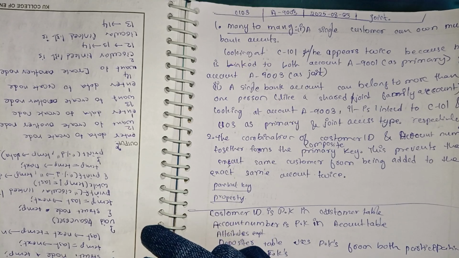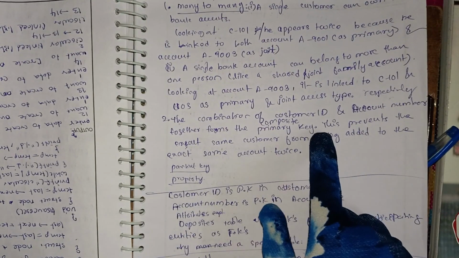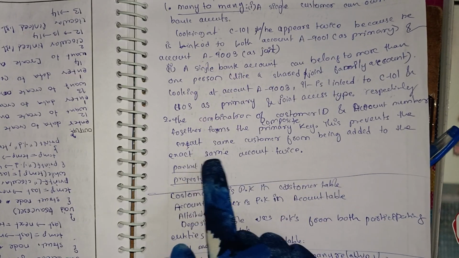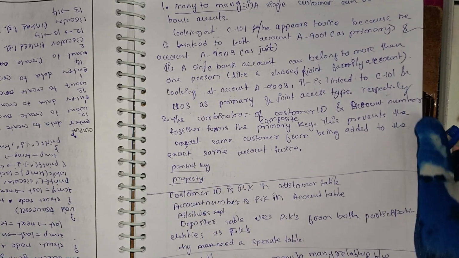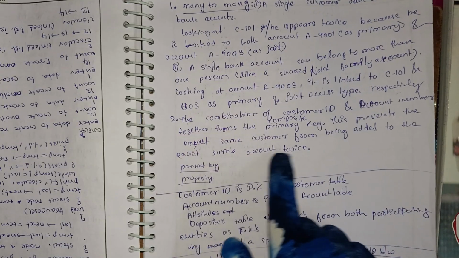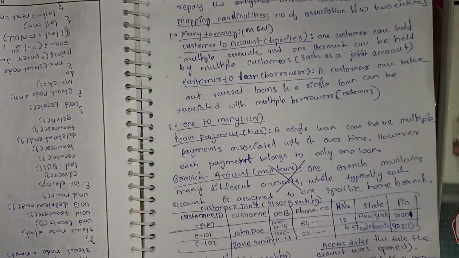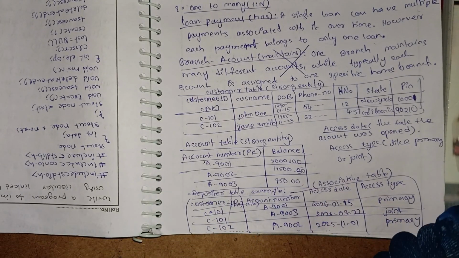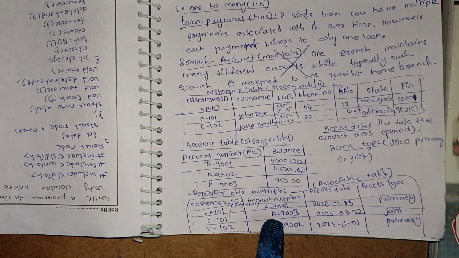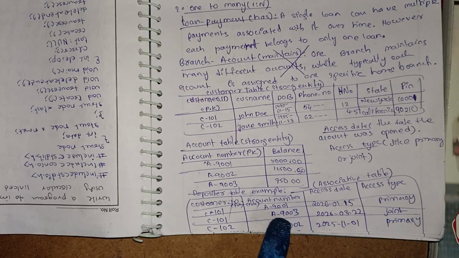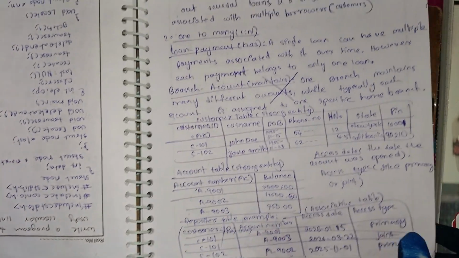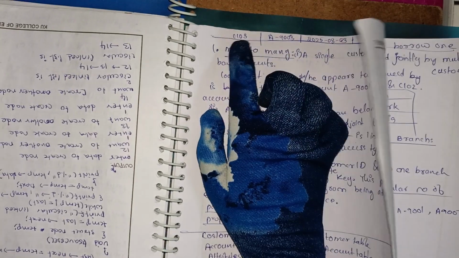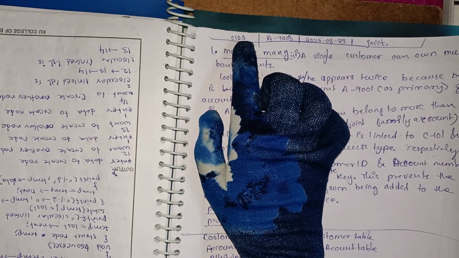Through which this prevents the exact same customer from being added to the exact same account twice. How will it happen? If the property is violated, it will happen. Means A9003 linked to C101, and also A9003 linked to C101.